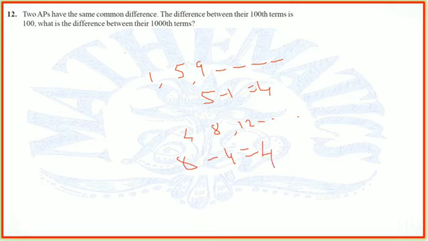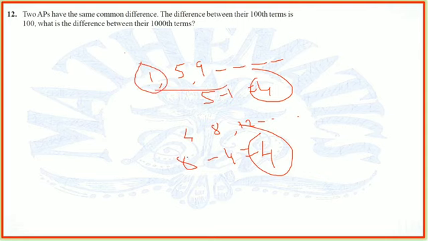So the common difference in both cases is the same, but the APs are different. The first term of this AP and the first term of this AP are totally different, and similarly the next terms will also be different. So we need to suppose two different APs where the first terms and the nth terms will be different, but the common differences are the same.